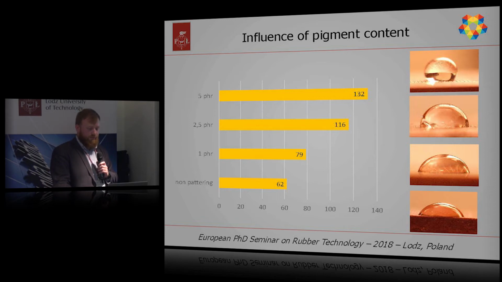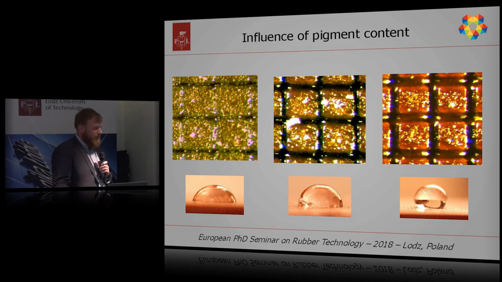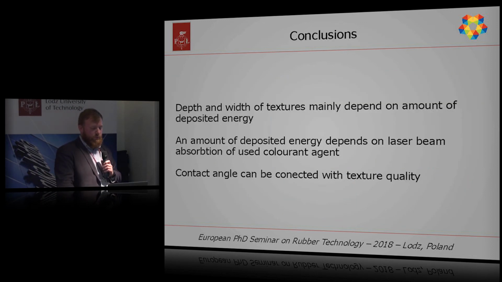So when we have this two types of information, we can connect the depth and quality of patterning with the contact angle, and this is the moment for quick conclusions.